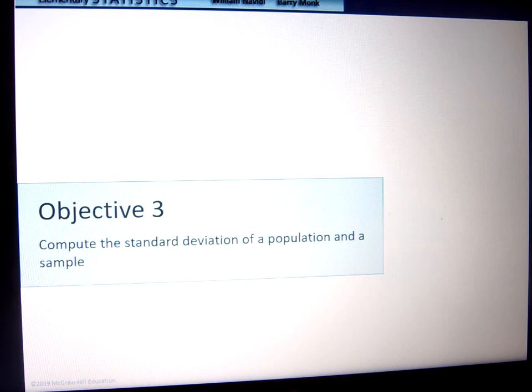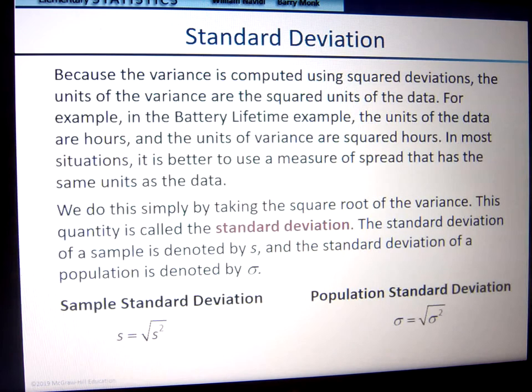Now we're going to take a look at computing the standard deviation of a population and of a sample. So the variance is computed by squaring the deviations. The units of the variance are squared units of the data. So in the battery lifetime example, the units of data would still be hours, and the units of variance would be square hours. In most situations, it's better to measure the spread having the same units as the data.